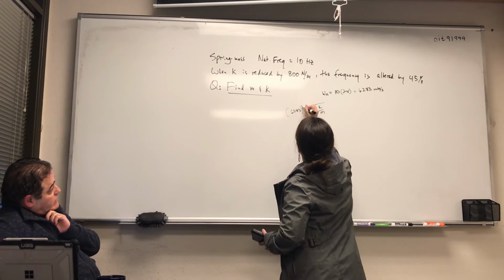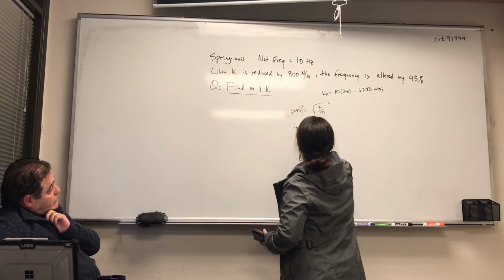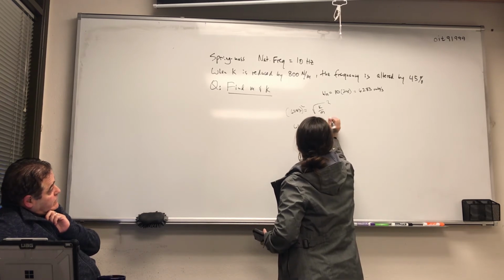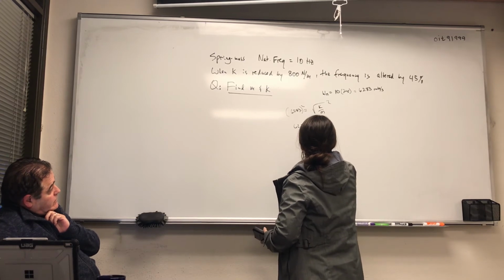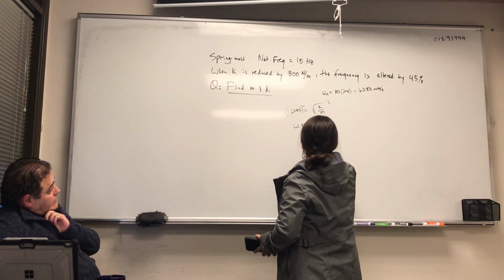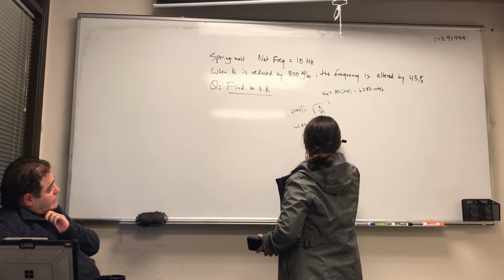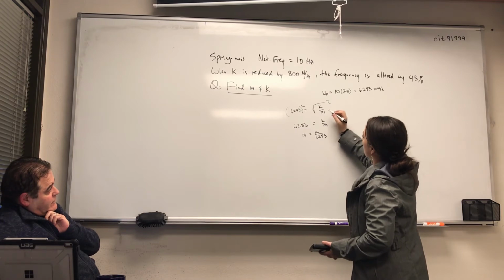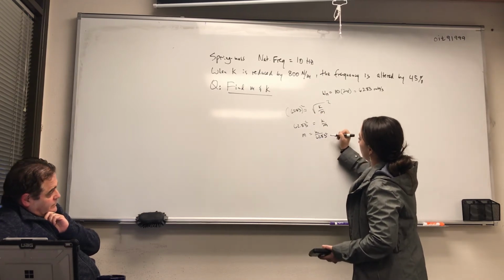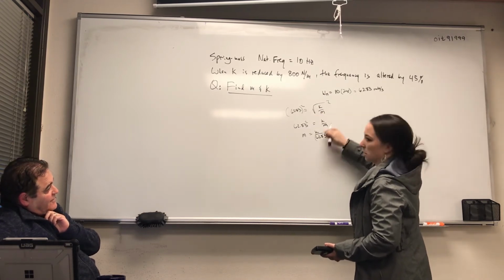In order to get K minus 800, you use 62.83, and we're trying to find M. Well, you need to find M and K. So M is K divided by 62.83 squared. Yeah, you're right, that's squared. Thank you.